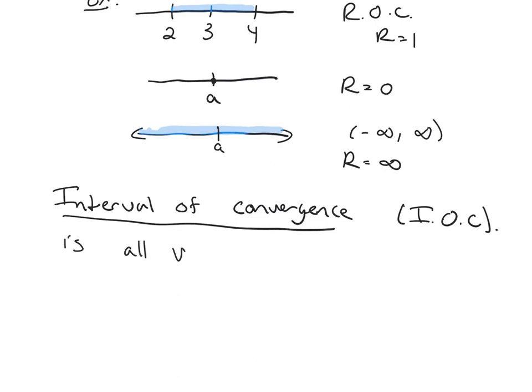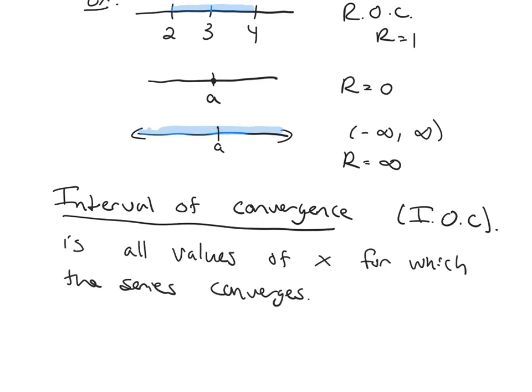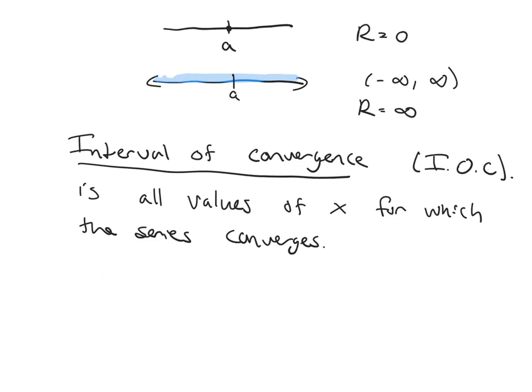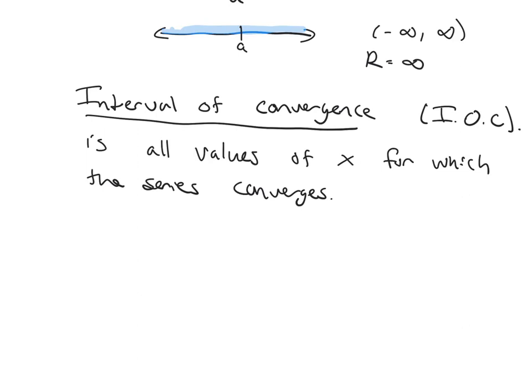It is all values of x for which the series converges. So we've learned 2 new terms, radius of convergence and interval of convergence. So I thought we'd take all of our examples that we did last time, and I would write down what we found out last time and write down the radius and interval here.